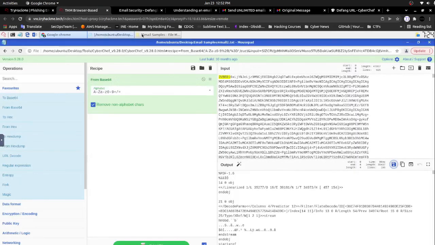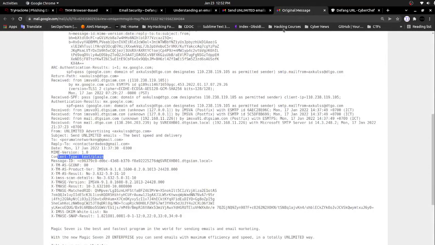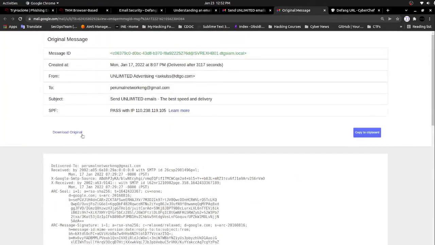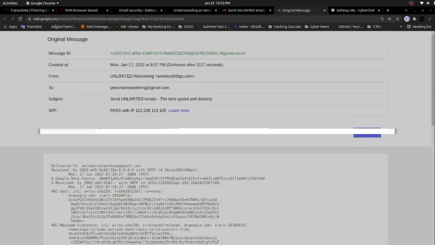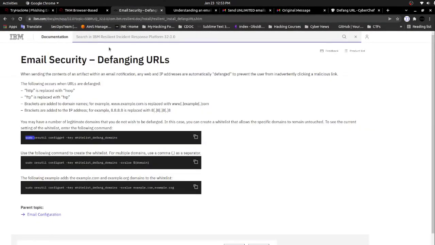Let me showcase. As an input, I gave a simple URL, and if I want to defang this particular URL, I can type here defang URL. When I cook the recipe, I can see the defanged URL here.